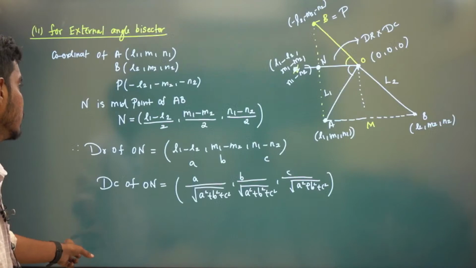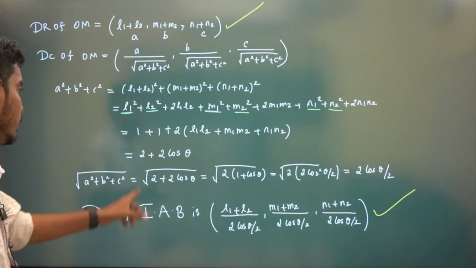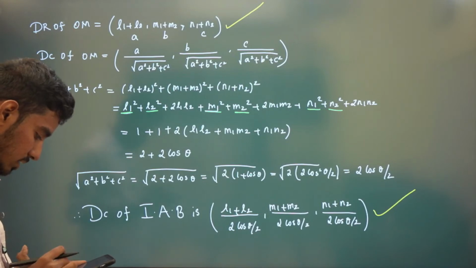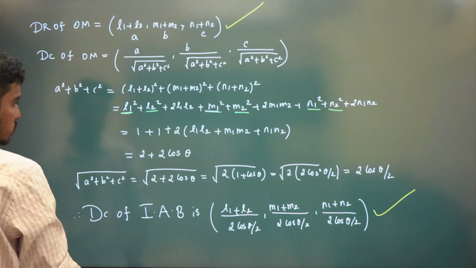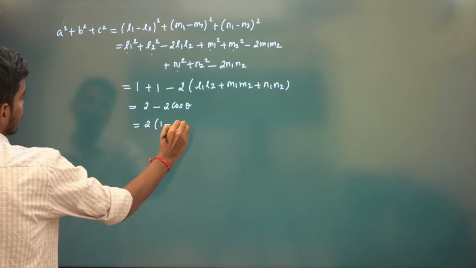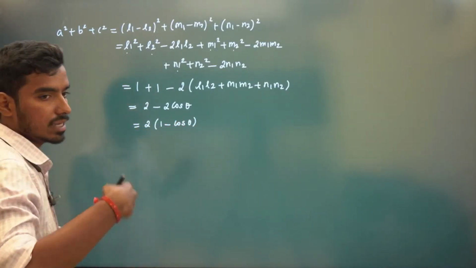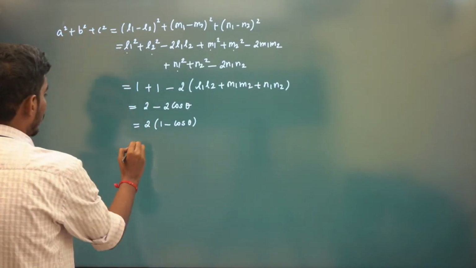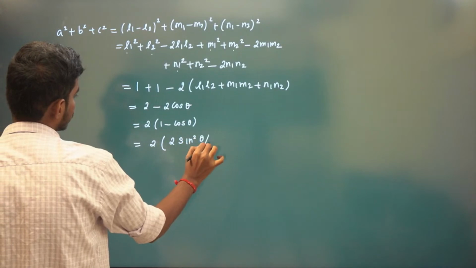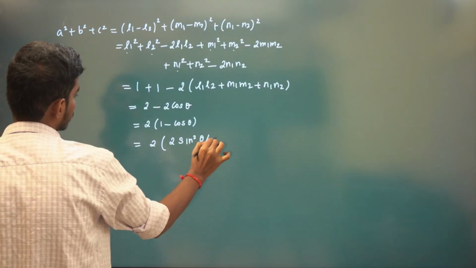Similarly for the internal bisector we have 2 plus 2 cos theta. If I take 2 outside, we will have 1 minus cos theta. So 1 plus cos theta is 2 cos square theta by 2, and 1 minus cos theta is 2 sin square theta by 2. So we will have this to be 4 sin square theta by 2.